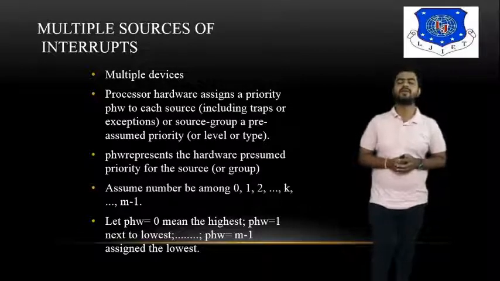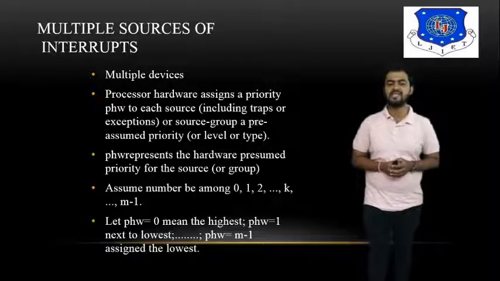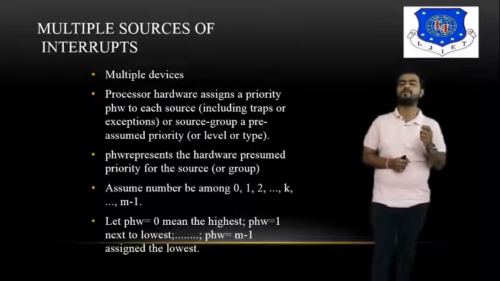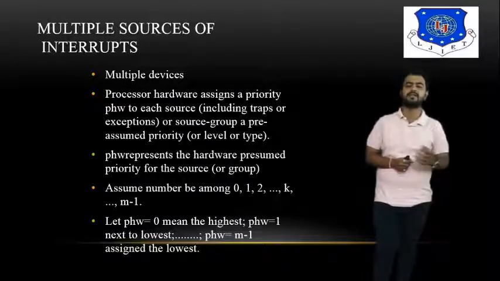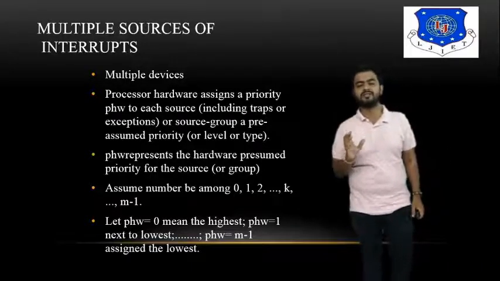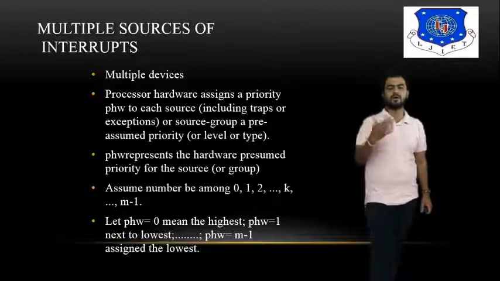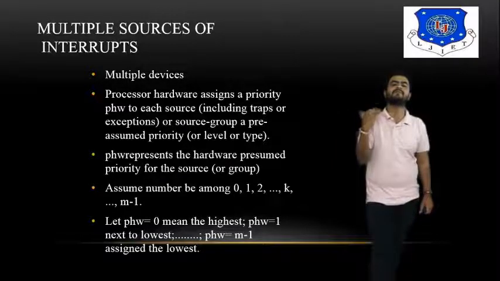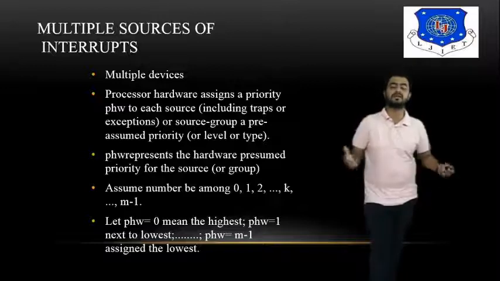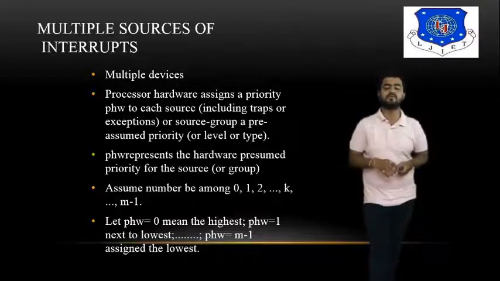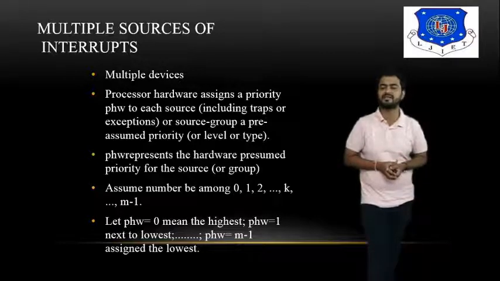Let PHW equal 0 mean the highest priority, PHW 1 the next lower priority, and PHW equal to m minus 1 the lowest priority. So if PHW is equal to 1, it is a lower one, and 0 is a higher one. So we have to set different types of priority, as we are dealing with multiple inputs or multiple devices at a time, or multiple interrupts.